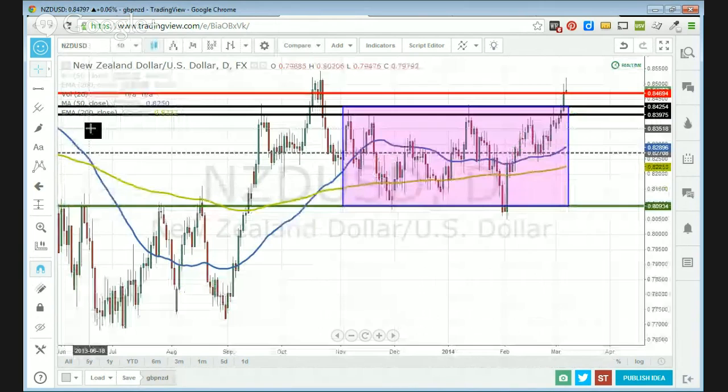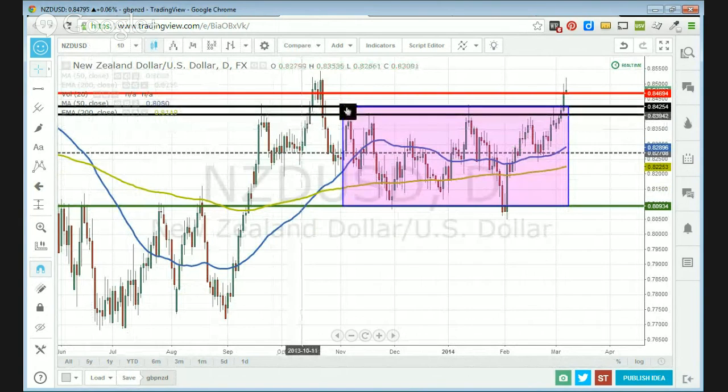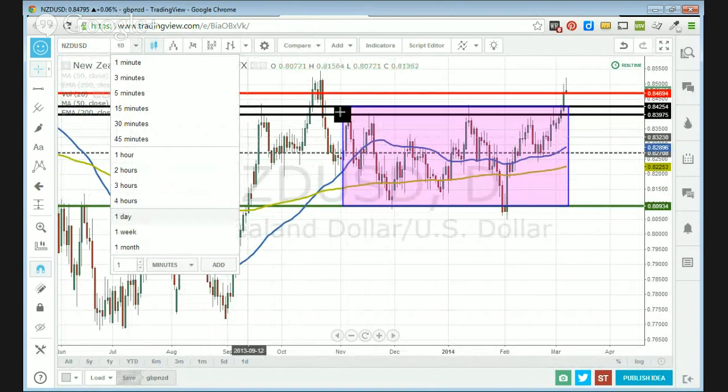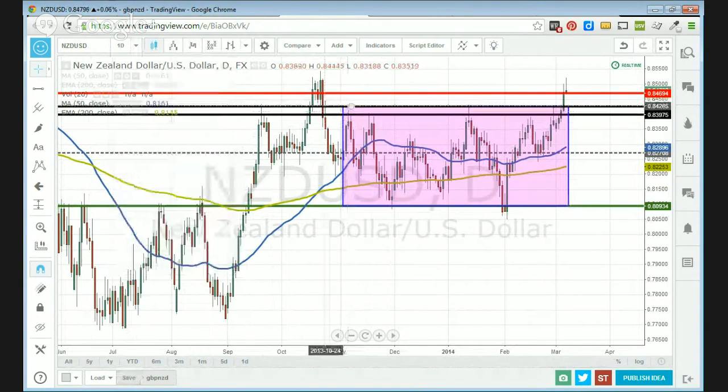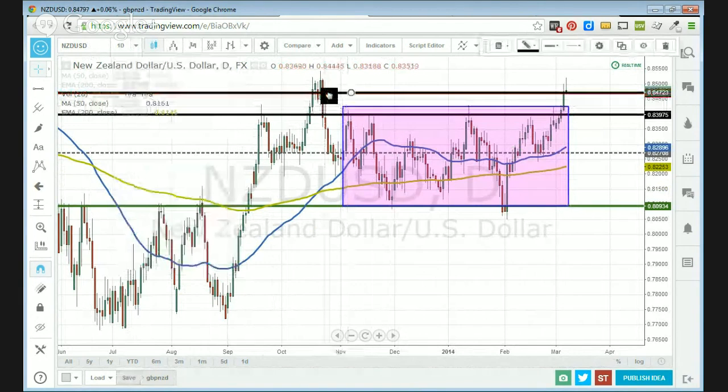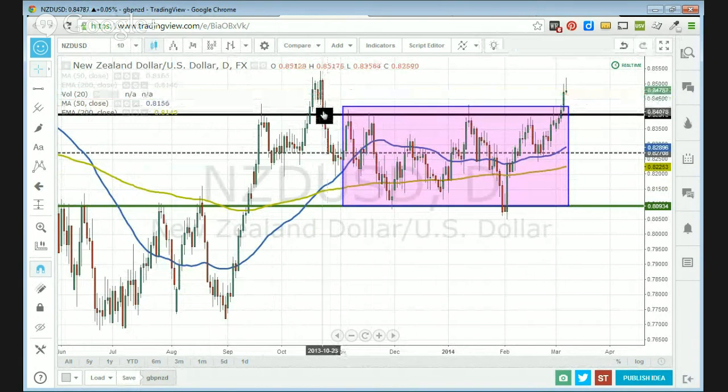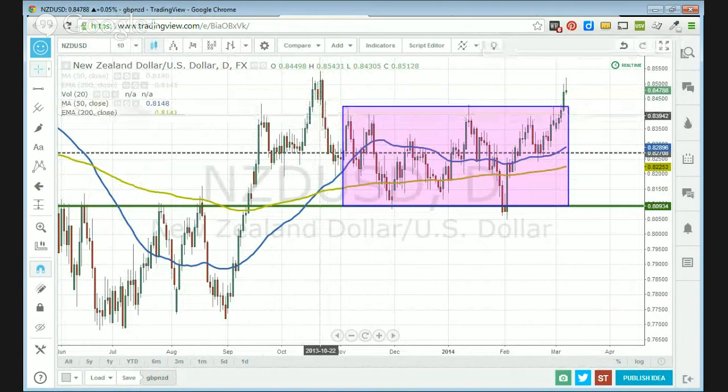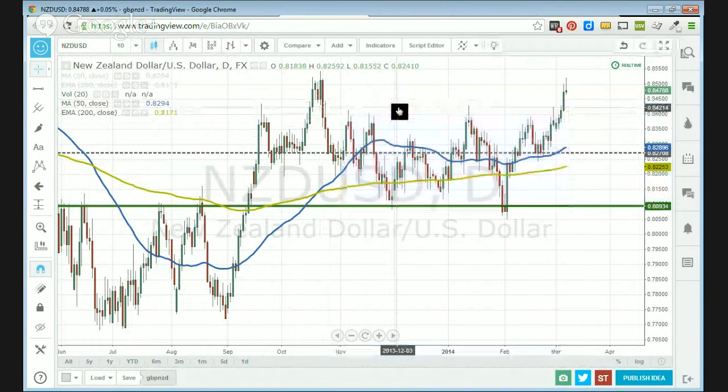Oh, now this is interesting. Let's take a look at this from a weekly chart perspective. Let me actually delete some of these lines here, okay, so we get a cleaner look at the chart.